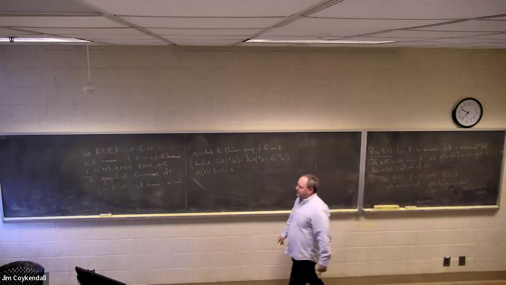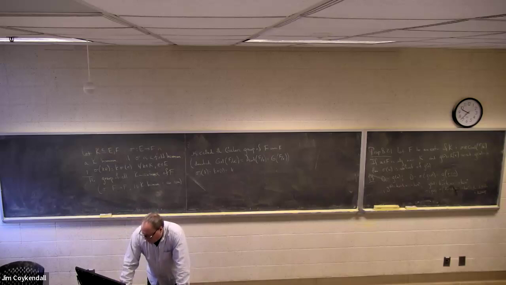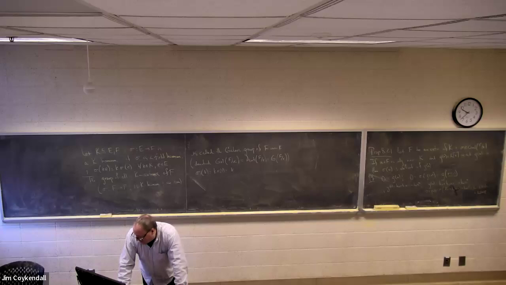Exactly what we want. So if you have an automorphism of F that fixes K, then any root of a polynomial is taken to another root by one of these sigmas.